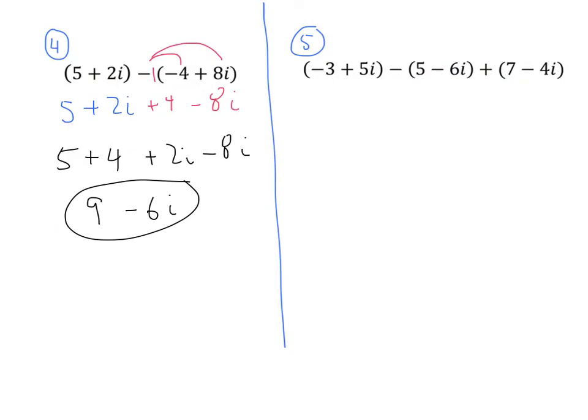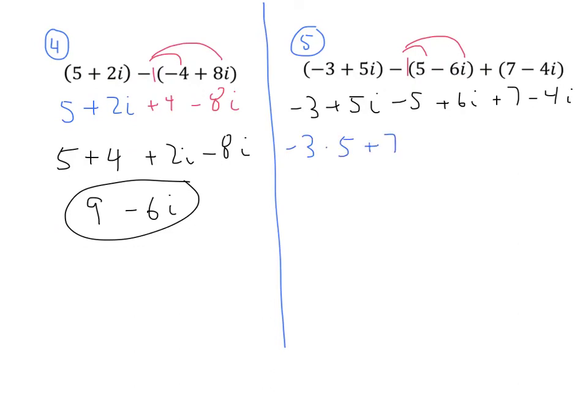You have to be careful here because there's a subtraction. So this is the same thing as saying negative 1 times 5, negative 1 times negative 6i. So we can say this is negative 3 plus 5i minus 5 plus 6i plus 7 minus 4i. All right, now to add this all up, let's combine all the real components. So the real components would be negative 3 minus 5 plus 7.